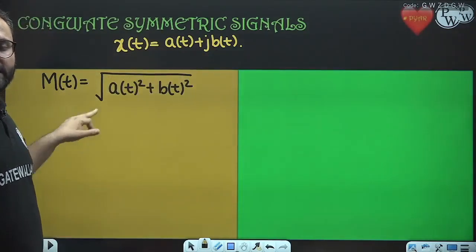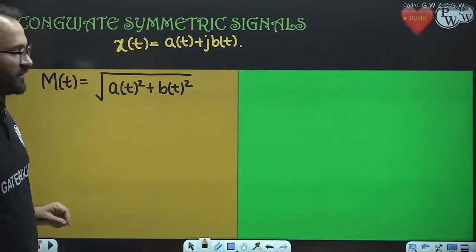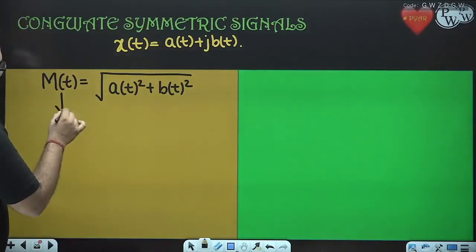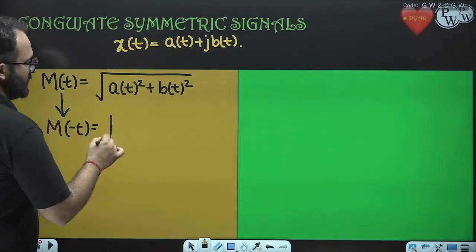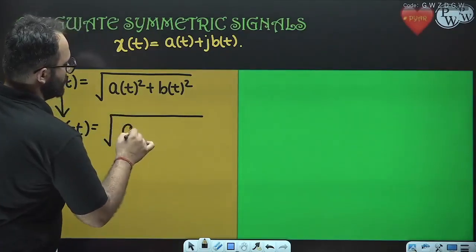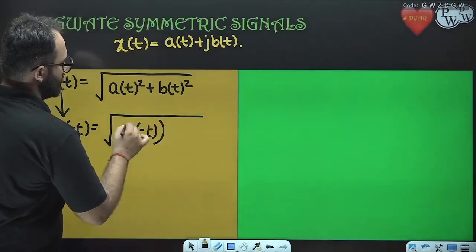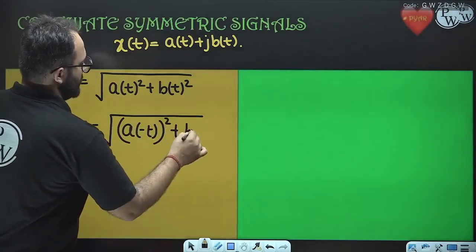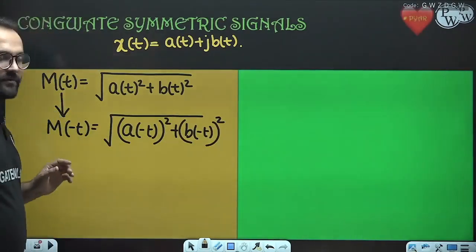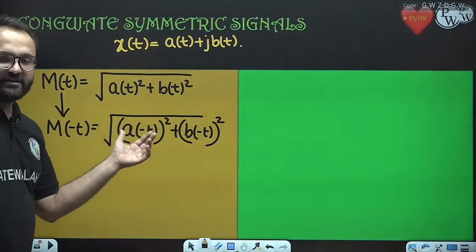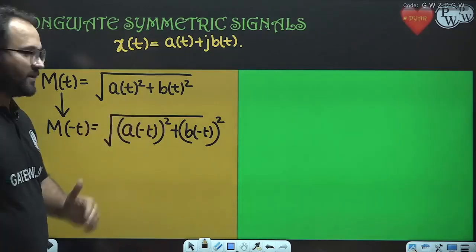So this is the magnitude of the conjugate symmetric signal. Now if we put minus t here, M(-t) will be the square root of a(-t) whole square plus b(-t) whole square.